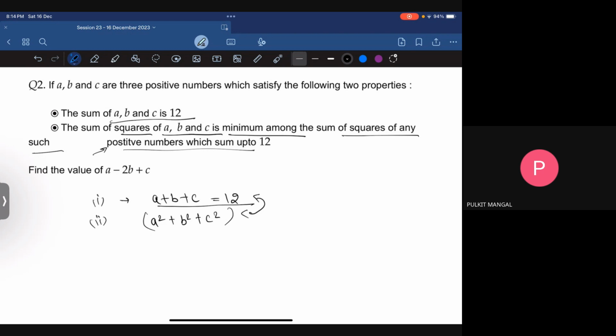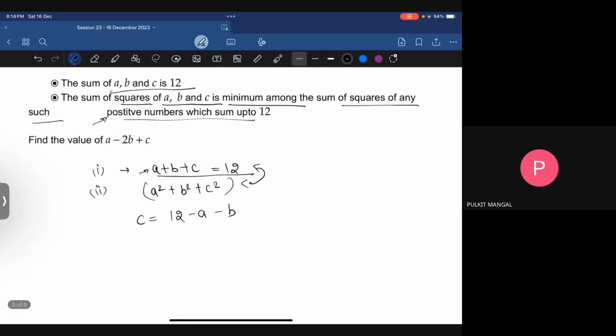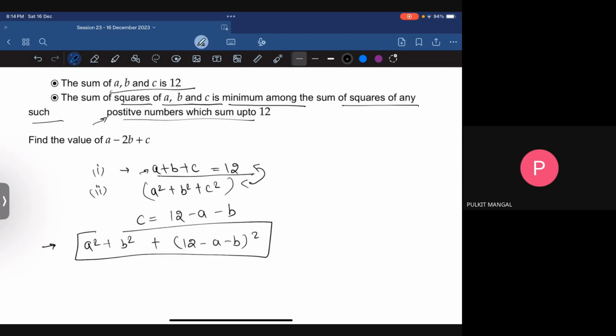So for that we can replace any of the variables with respect to the above condition. Let me write c in terms of a and b, that is this: a square plus b square plus (12 minus a minus b) squared. Now I want my a, b and c. If I can find a, b, then from this equation I can also find c by putting the values of a and b.